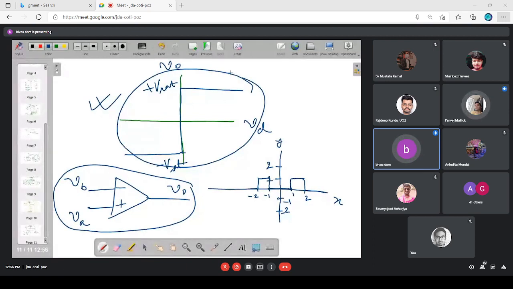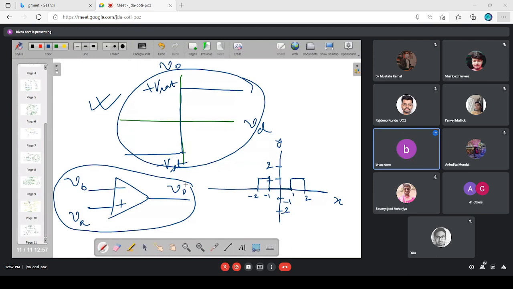This operational amplifier in the open loop mode can be used as one voltage comparator, that we have explained. But remember, the operational amplifier in the open loop mode will have absolutely no use as an amplifier.